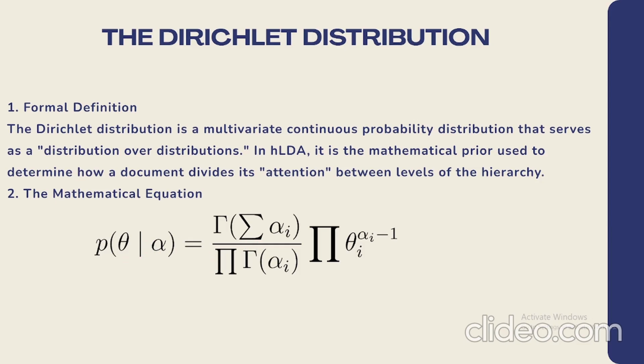For a 3-level theta, for example, theta can be 0.7, 0.2, 0.1, so it sums up to 1, and for each level theta gives the distribution, meaning the document is mostly general information with some field-specific and very little niche content. The gamma function acts as a normalizing constant, ensuring that regardless of complexity, our total probability always sums up to 1.